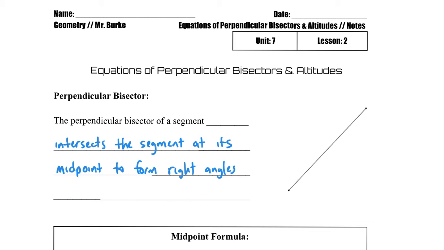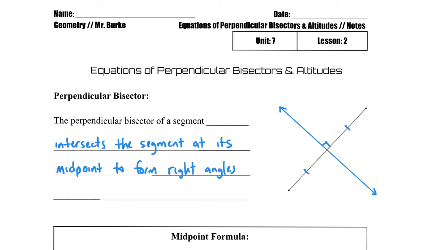So the bisector part means it splits it in half, and the perpendicular part says we form right angles. So that would be something roughly like this. Okay, there's going to be my perpendicular bisector. It intersects at right angles, and it splits the segment in half.